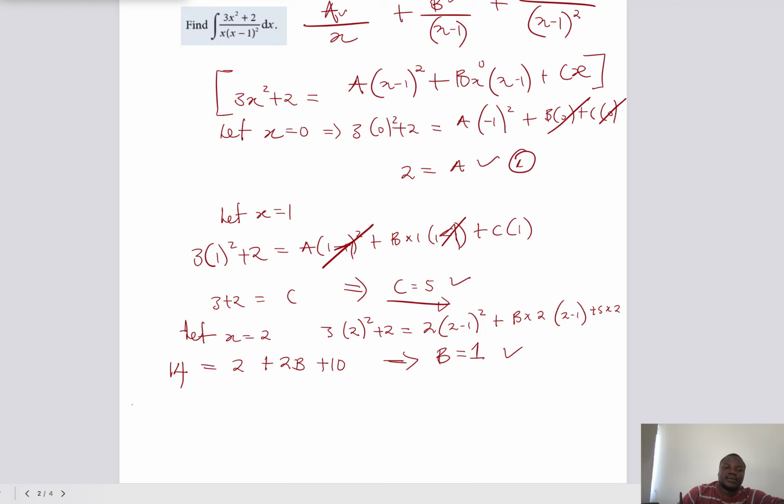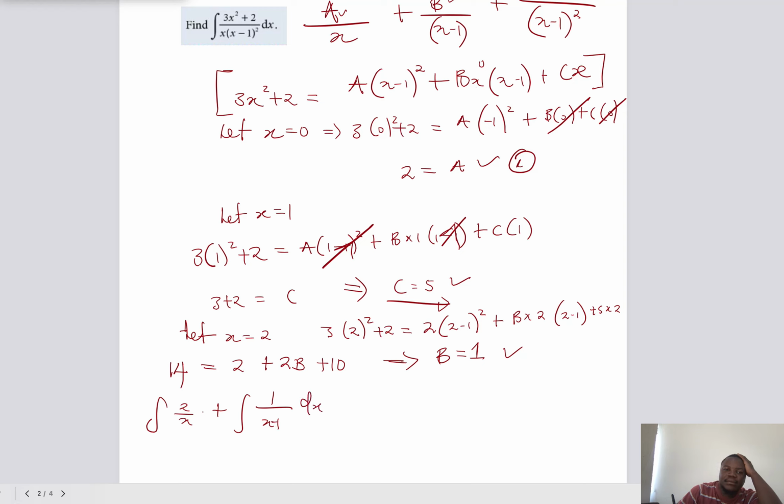So we are now finding the integral of a, which is 2 over x, plus the integral of b, which is 1 over x minus 1 dx.